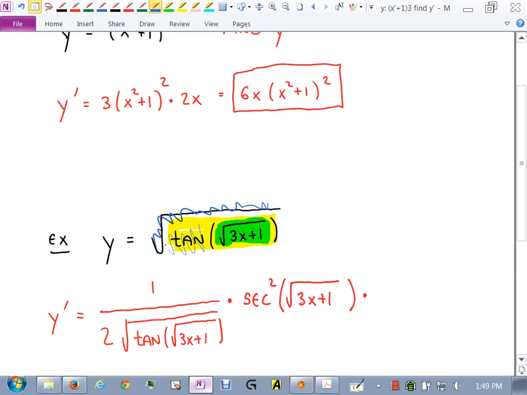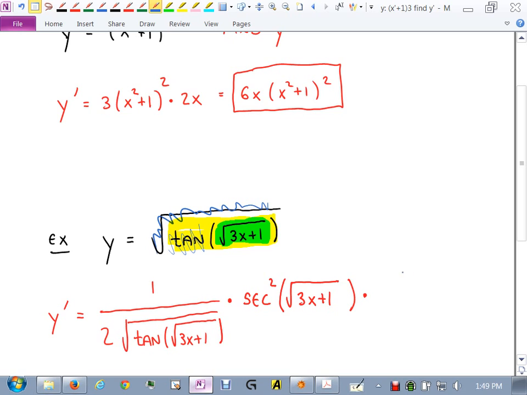What's the next function? Square root of, I've got a remote control that looks like it's going to fit just perfect in there. Square root of a remote control. What's the derivative of that? 1 over 2 square roots of the remote control.